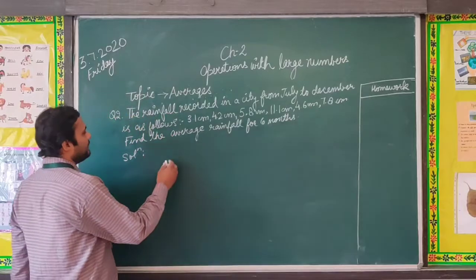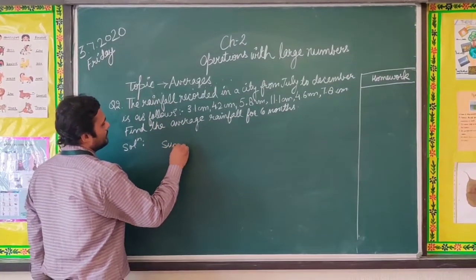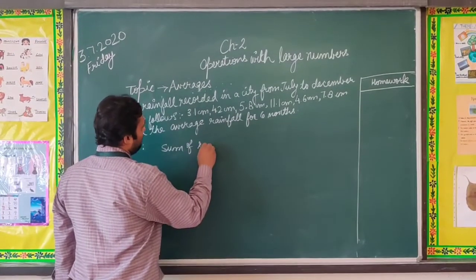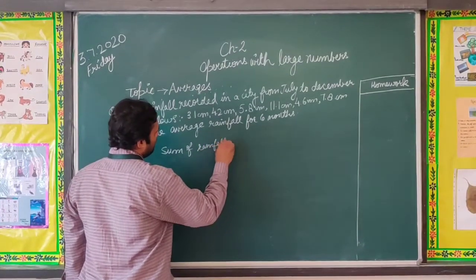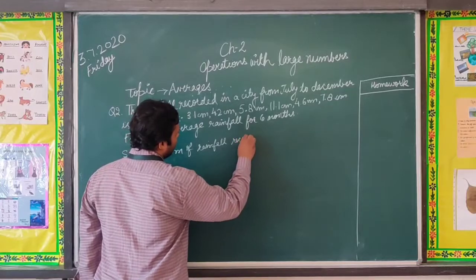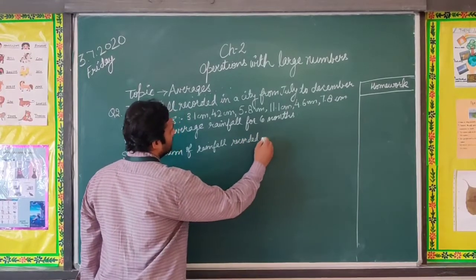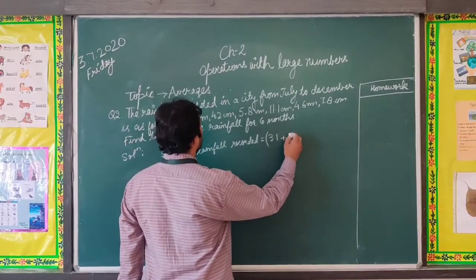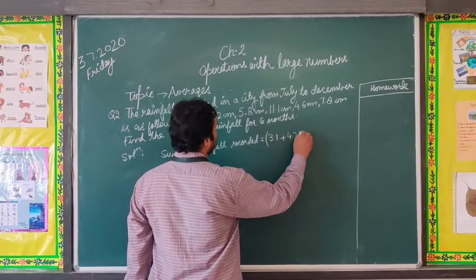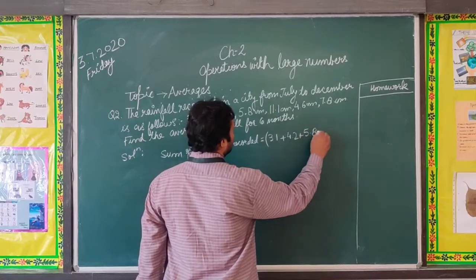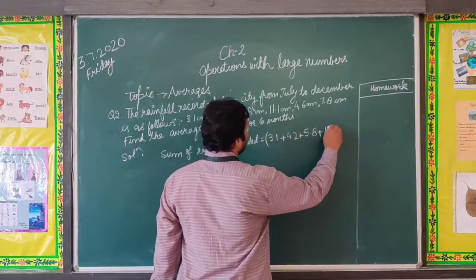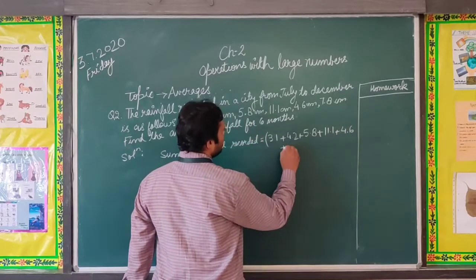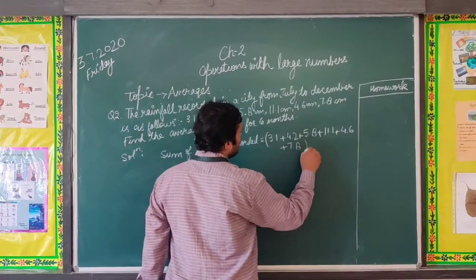First we have to find the sum of the rainfall recorded: 3.1 plus 4.2 plus 5.8 plus 11.1 plus 4.6 plus 7.8 centimeter.